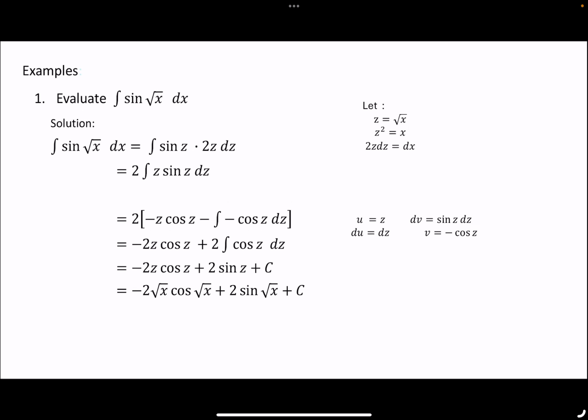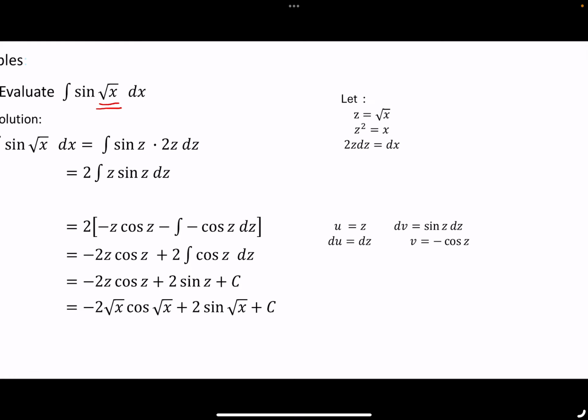Let us consider integrating sine of square root of x dx. If we will be integrating sine of square root of x dx, let us first observe that there is this term, square root of x, that makes the expression a little bit complicated.